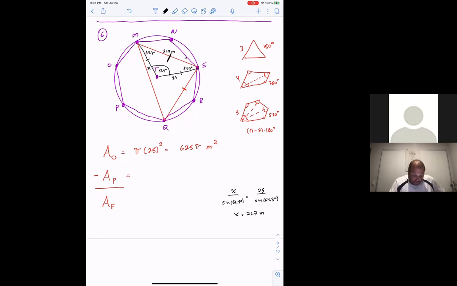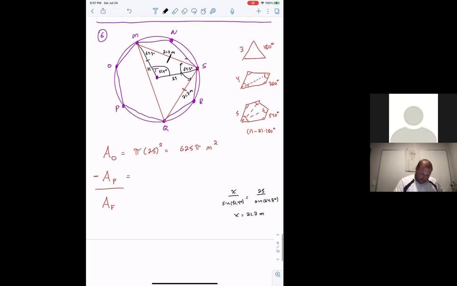21.7 meters. So now I have 21.7 meters there, 21.7 meters there, and this angle here is twice 64.3, which I already did, is 129 degrees.